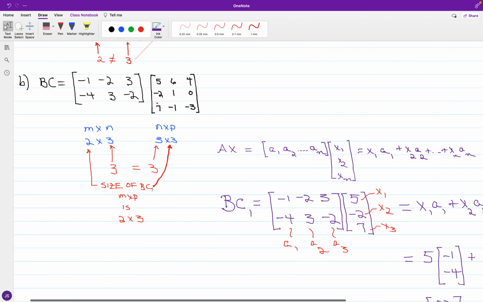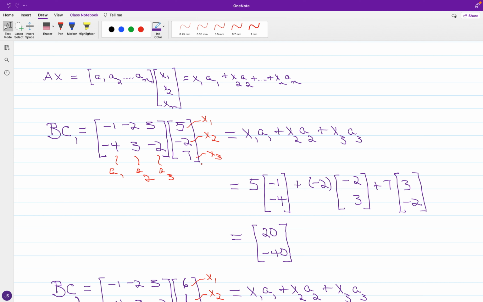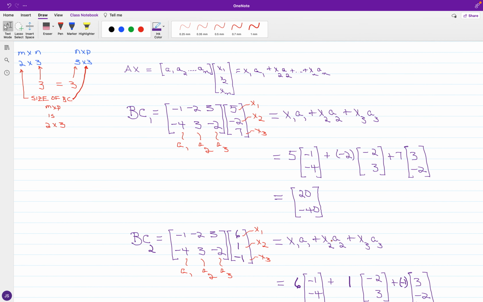So I got 5 times A of 1, so I have -1, -4, then I have plus -2 times the second A, I have -2, 3. And then x of 3, A of 3, we have at 7, and we have A of 3 at 3, -2. And combining, the top numbers, the products will add up to 20. Bottom numbers will add up to -40. So 20, -40 will be the first column in the solution.